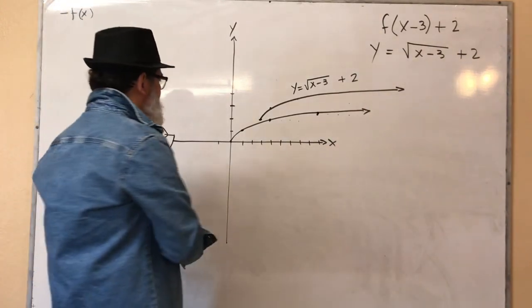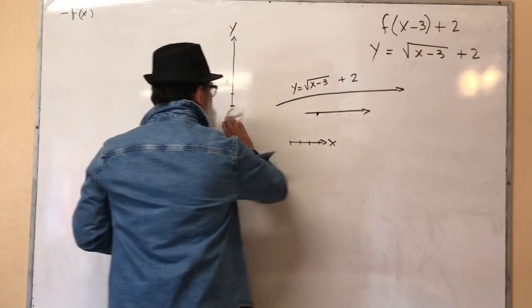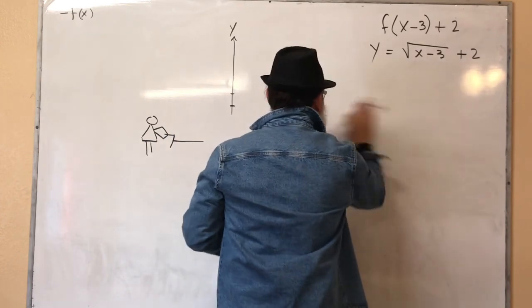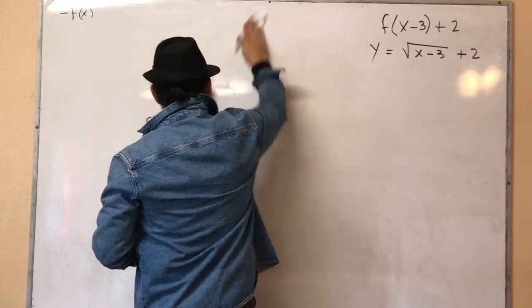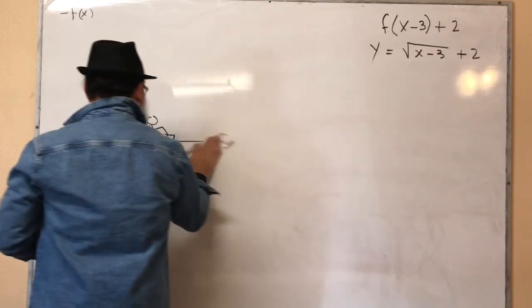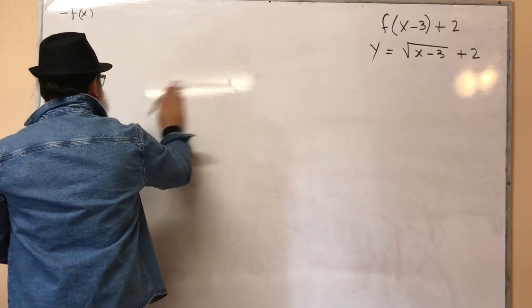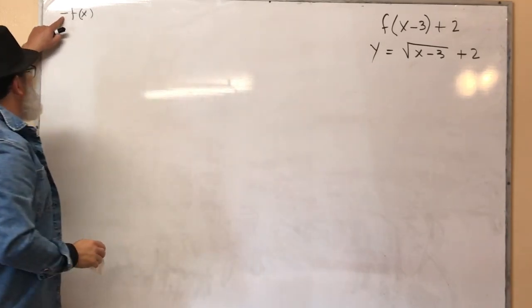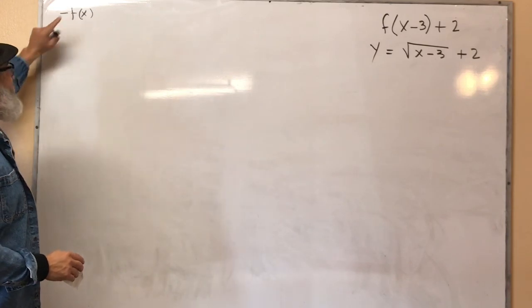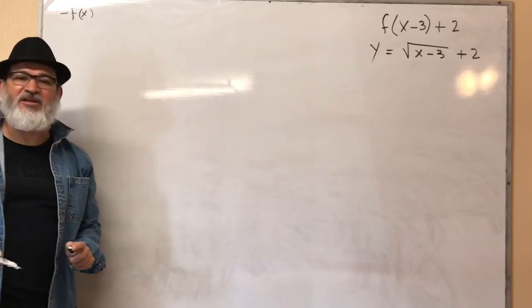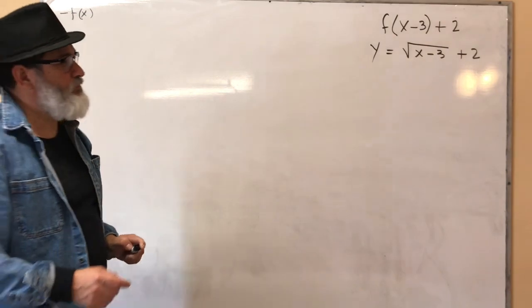Watch this. Whenever you multiply a function by a negative, that's reflection across the x-axis.